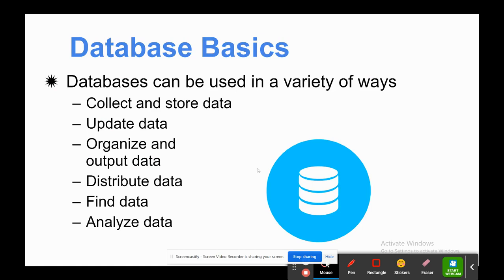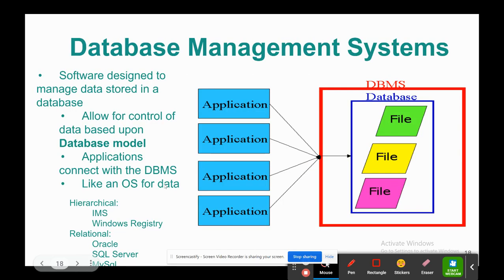So databases are primarily used to collect and store data, to update or add data, to retrieve data. You can also analyze and distribute data in databases. Now, as I mentioned, you'll have an application, but when that database is independent of the application, it would look similar to this image here.